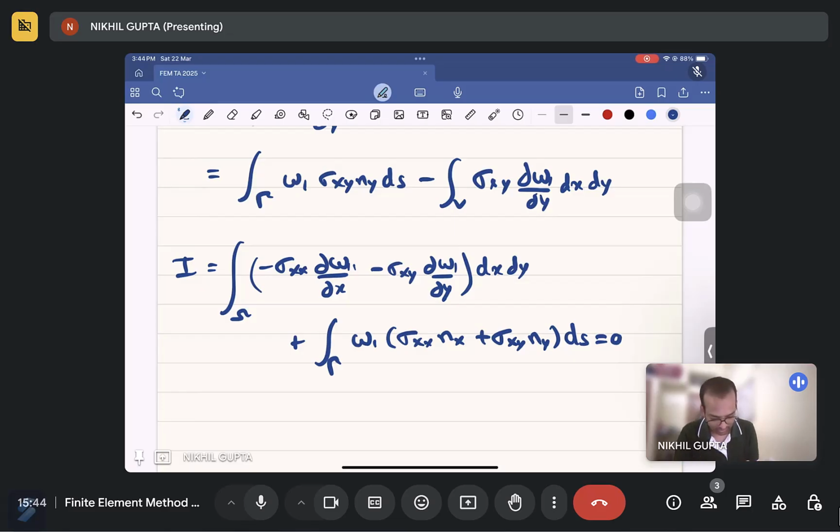Also h will be included in all the terms, so I can directly write h multiplied by this full expression.